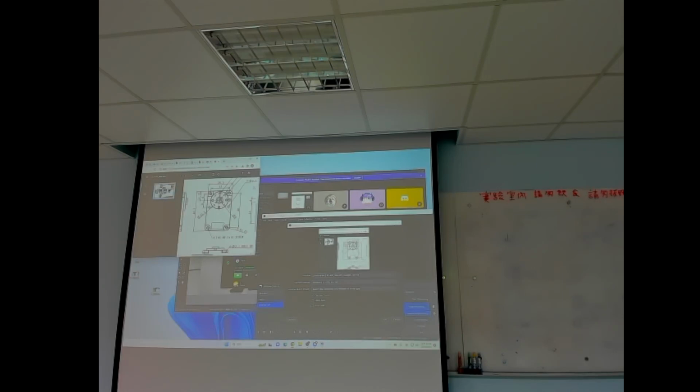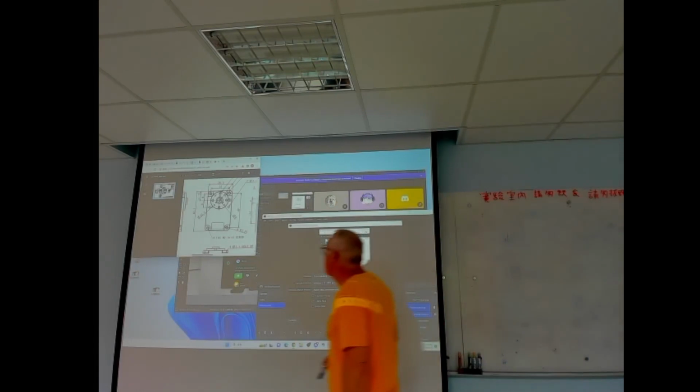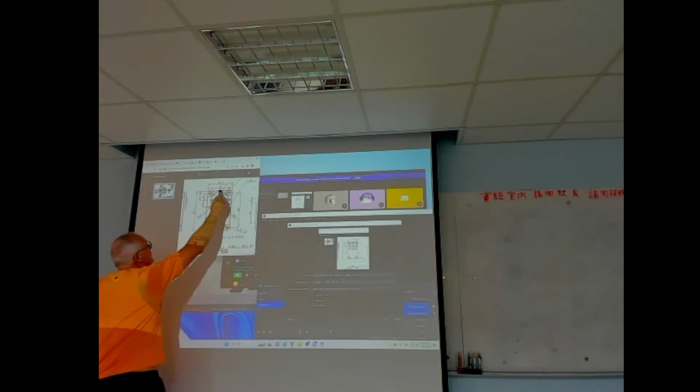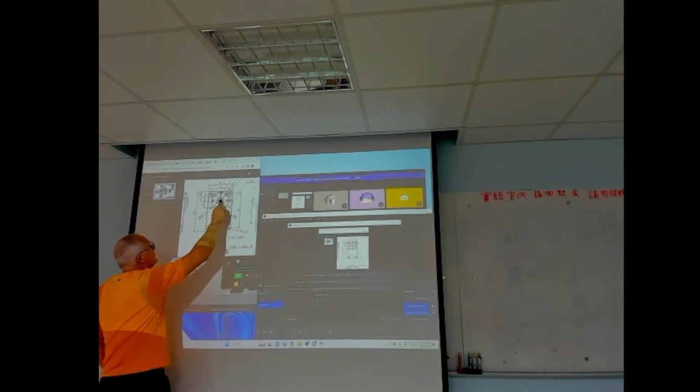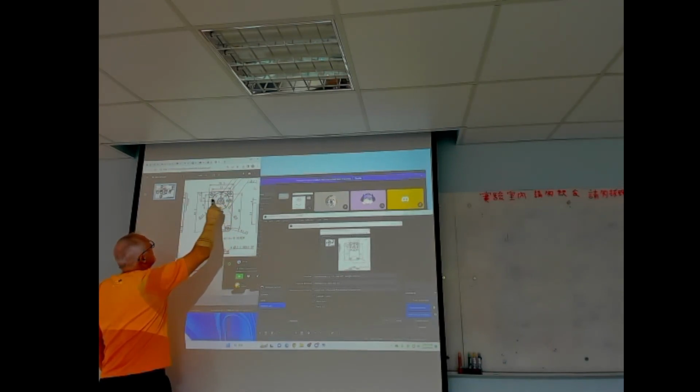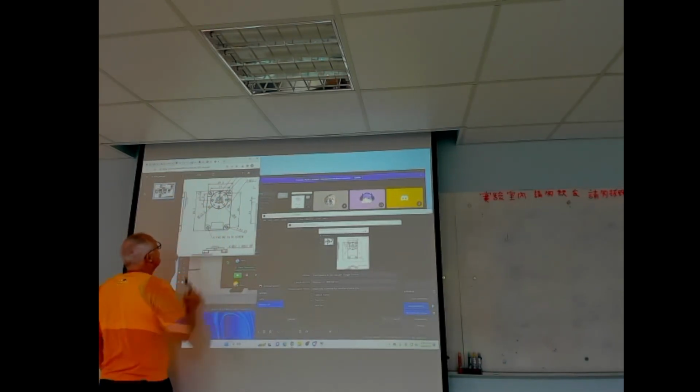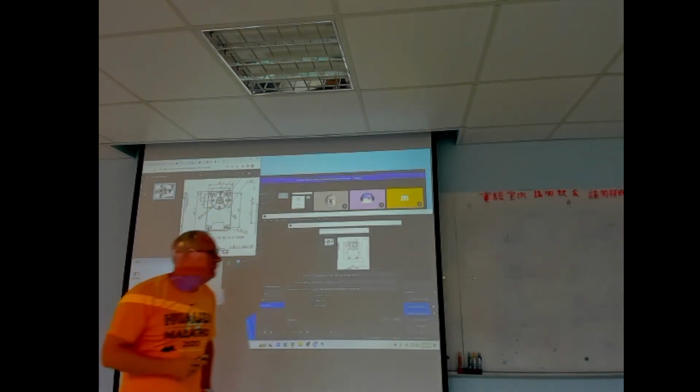If we look at the CAD information for that particular servo, it would be from the top to this center here, which is 11.25 millimeters.